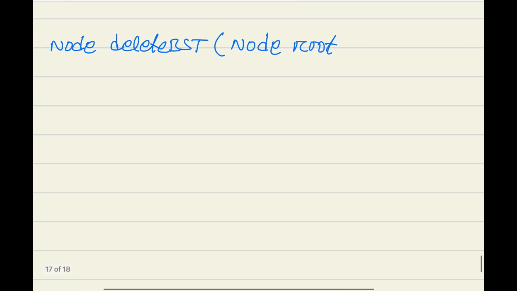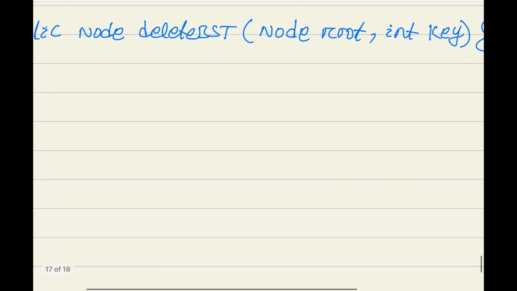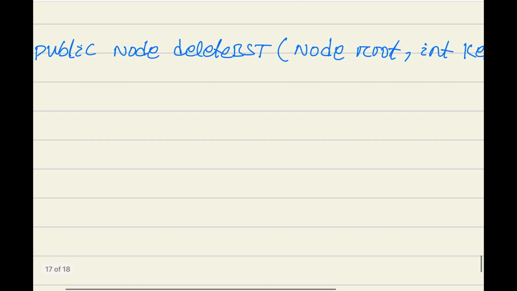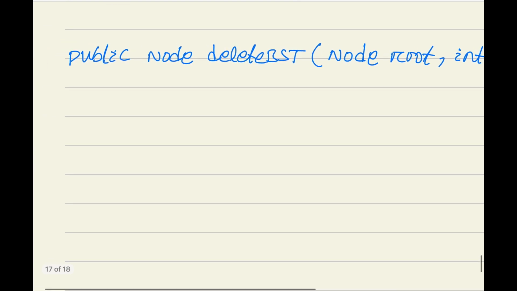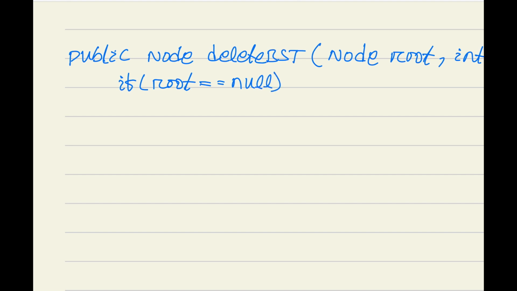So we can write node root, and another one is the key value that we want to delete from the binary search tree, and the key value is of type int. Now we can write: first if root equal to null, then return null.